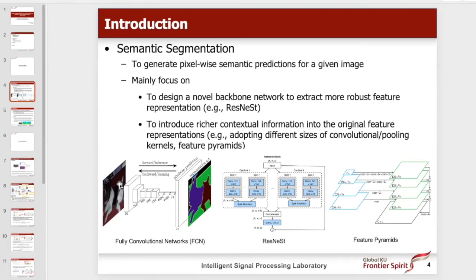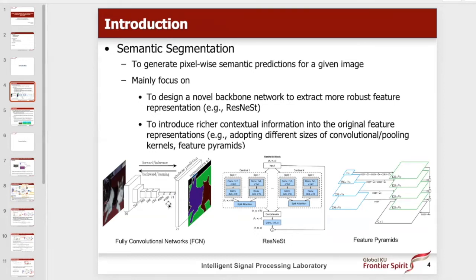For example, the cat, we just send the whole image to the network, and finally we will get the output segmentation results. However, in the semantic level, we want to give more importance to the cat region. So we will construct a semantic level contextual module and put some weight on the cat region, that is the semantic level context.